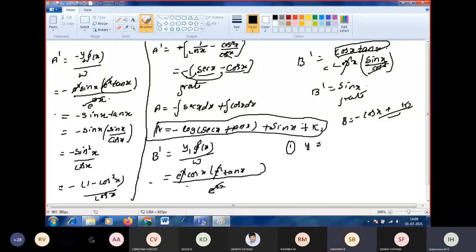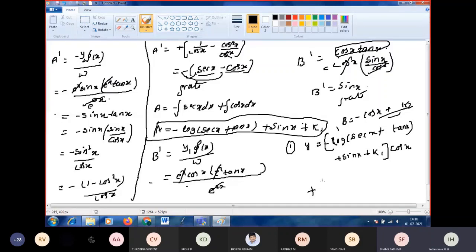Minus log of secant x plus tan x plus sin x plus k1, into e power x cos x.